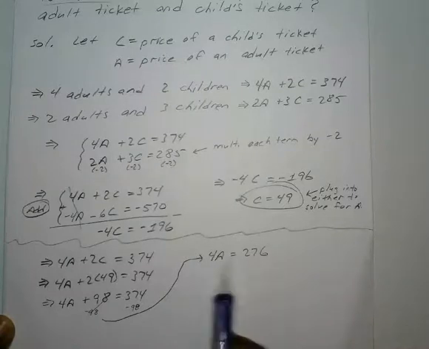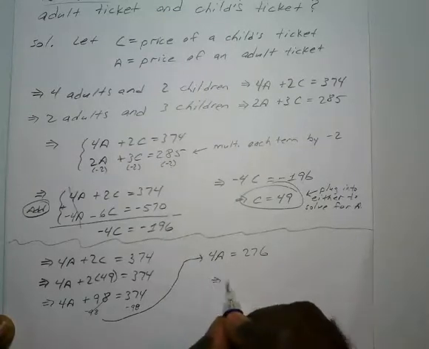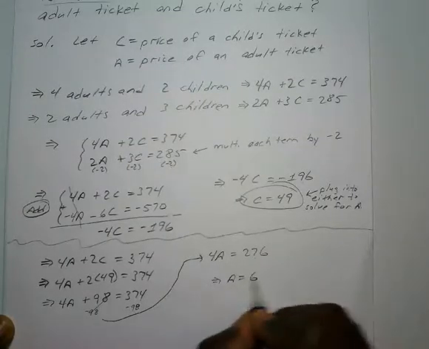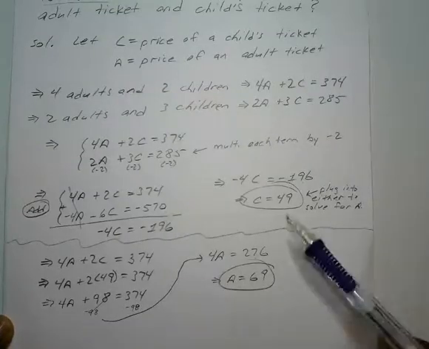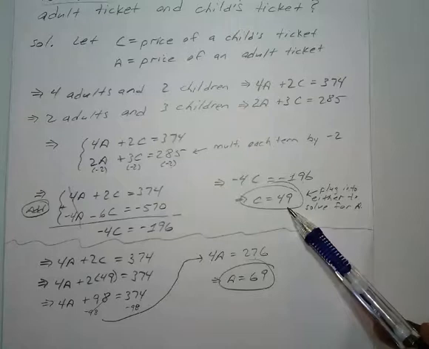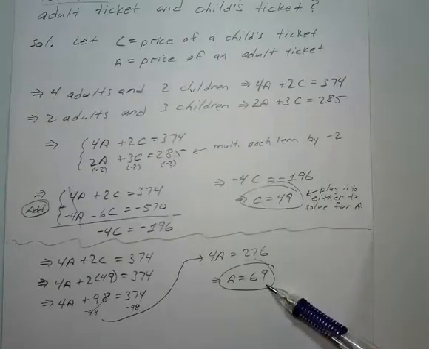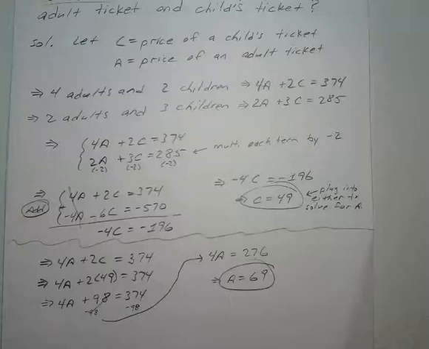So if we divide both sides by 4, we end up with a equals 69. So we know that the price of a child's ticket is $49 and the price of an adult ticket is $69, just based off the information they gave us in the problem.